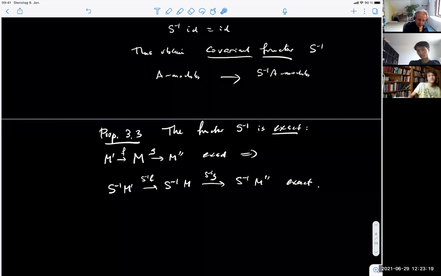Do you mean I should have something like that? I don't think so. This just means that you can take any exact sequence, look at it very locally, and you get it. So maybe this is the strongest statement one can have.